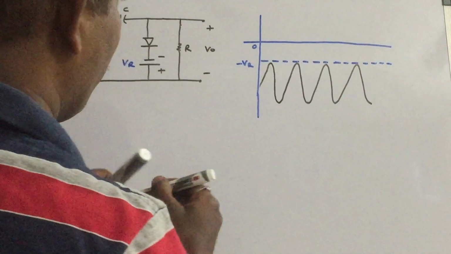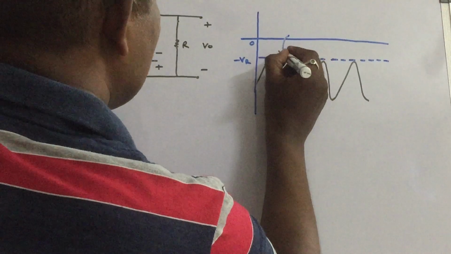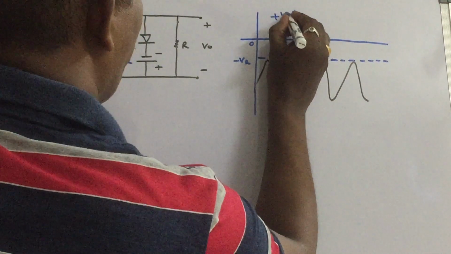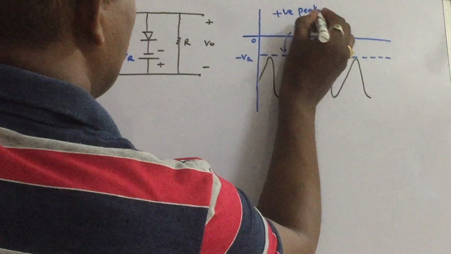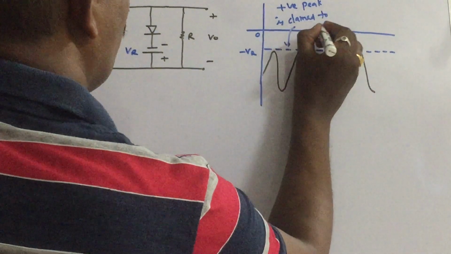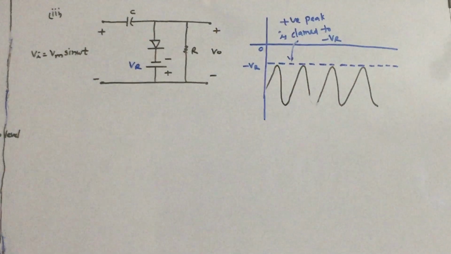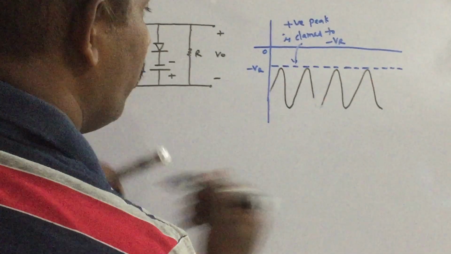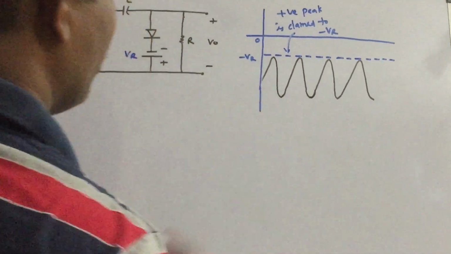This is the hint you have to remember: the positive peak is clamped to minus Vr. You have to clearly mention it here. The positive peak is clamped to minus Vr.